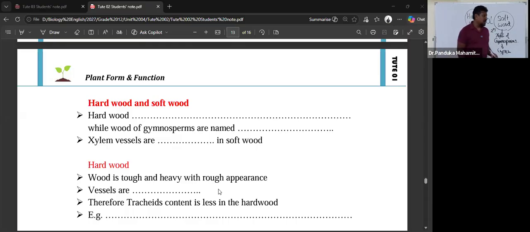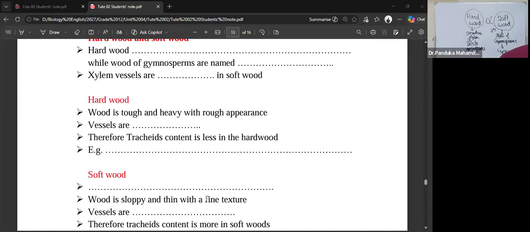We need to learn the types of cells in the xylem and the phloem. So, hardwood. Wood is tough and heavy with a rough appearance.